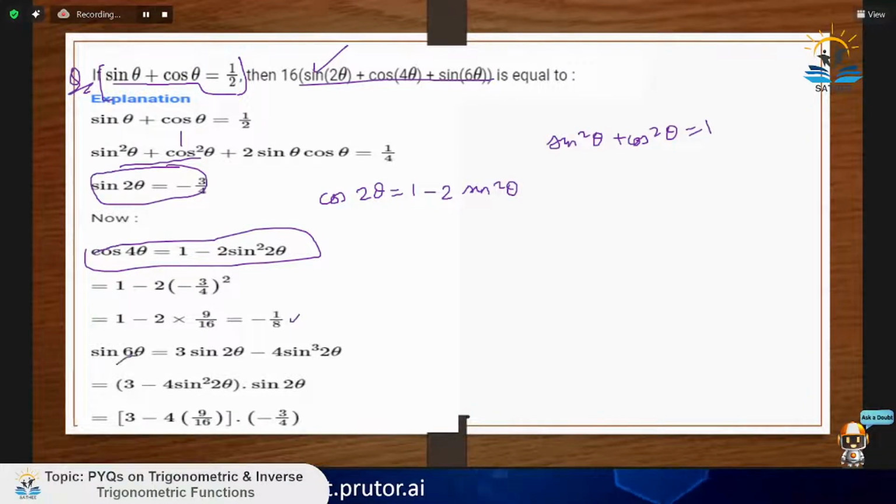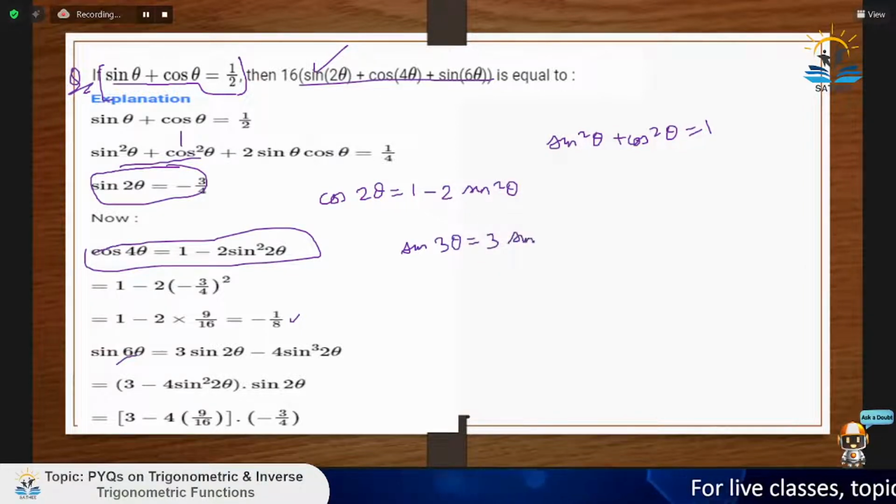And then for sine 6 theta, you can use the formula of sine 3 theta equal to 3 sine theta minus 4 sine cube theta.